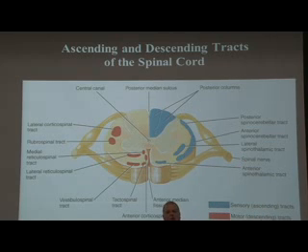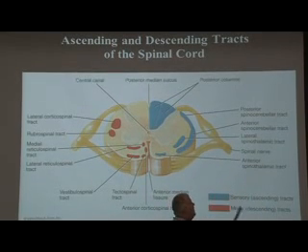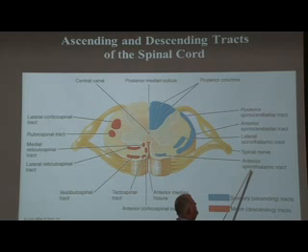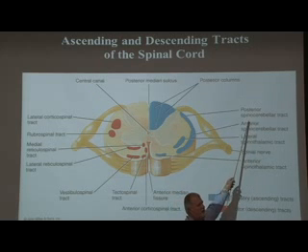The beauty of the way these tracts are named, and we're not going to get into the detail of what each tract does, is that because the neurons arise in the spinal cord and travel upward, all of their names start with spinal, spinal, spinal, spinal.